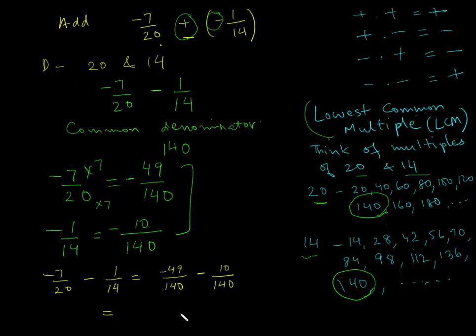Now since the denominators are equal, that means all we have to do is evaluate what the numerators would be. So negative 49 minus 10 would be negative 59 over 140, and that will be your solution.